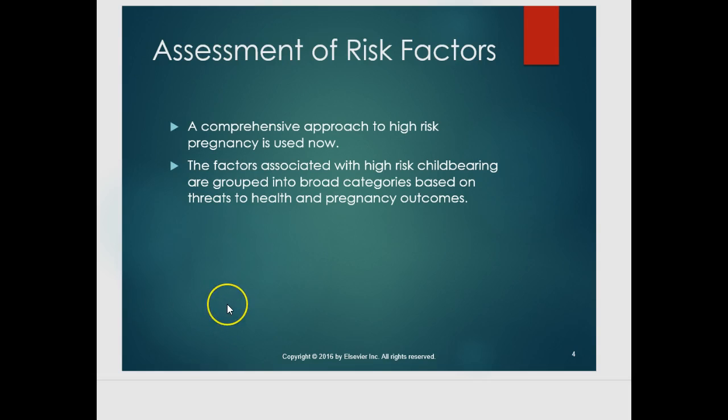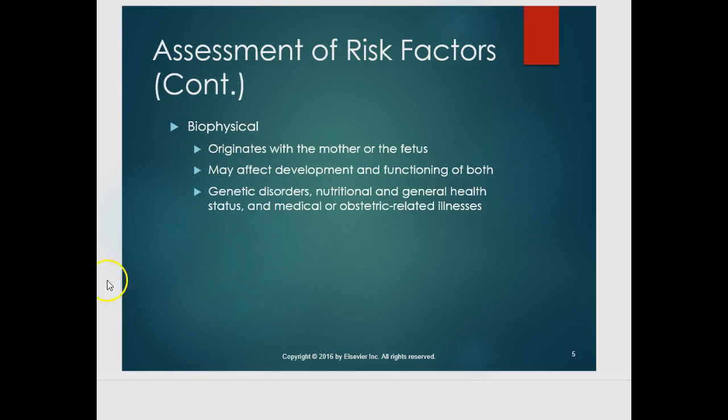So you guys, we have to look at the patient as a whole and evaluate her risk factors to determine if she's a high-risk pregnancy. They're grouped in very broad categories, and we'll talk about those. Biophysical: any physical symptoms, diseases, conditions that can happen to the mom or happen to the baby, which can jeopardize both of them.